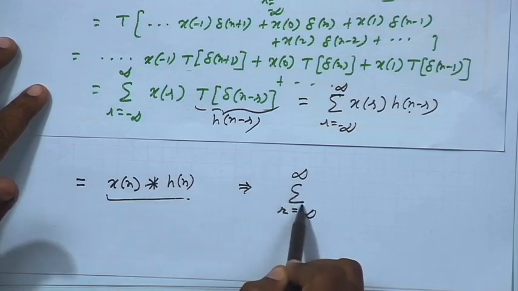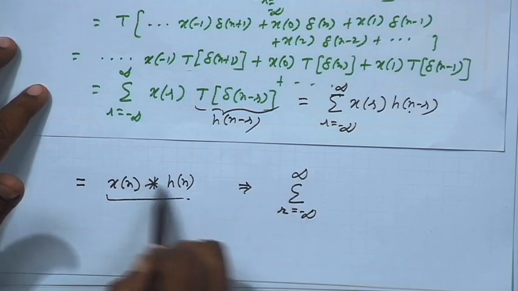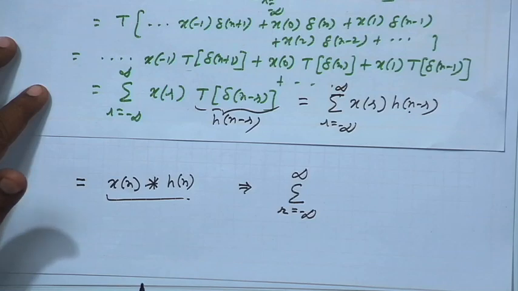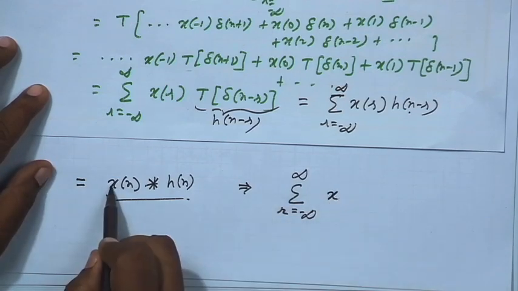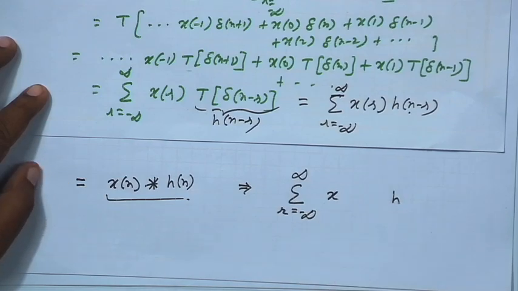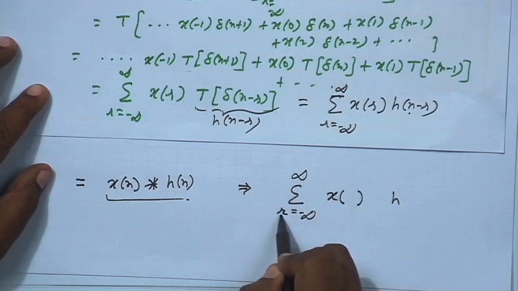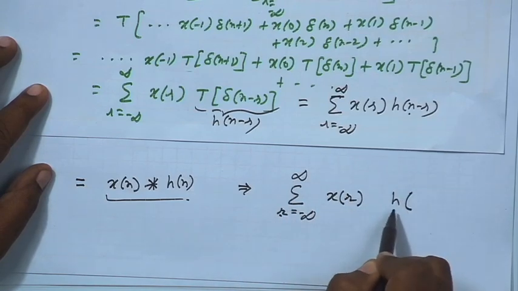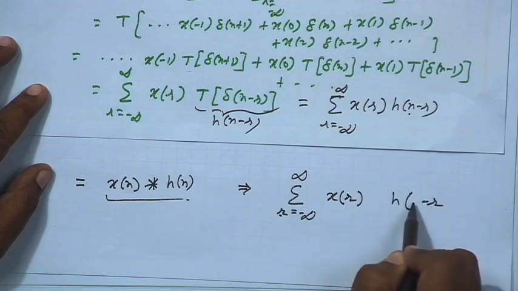First you bring a summation symbol, bring a local index R, L, M, anything, but not n. Take it from minus infinity to infinity to be most general. Then the first term will be the first guy, the second term will be the second guy. For the first term, you make it a function of R, this index. For the second term, you make it a function of minus R and then plus n.